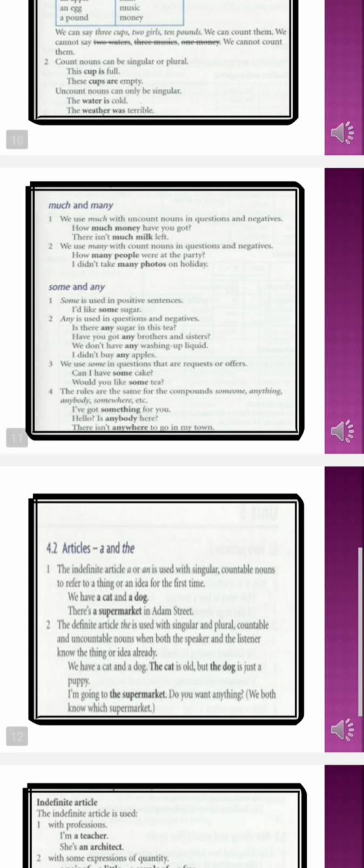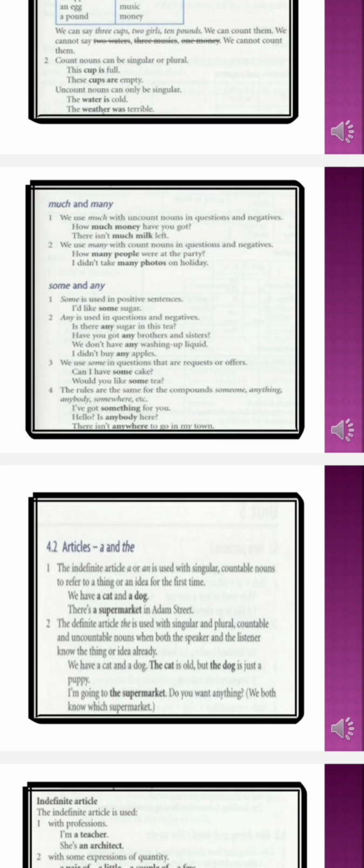Much and many. Number 1, we use much with uncount nouns in questions and negatives. For example, how much money have you got? There isn't much milk left.